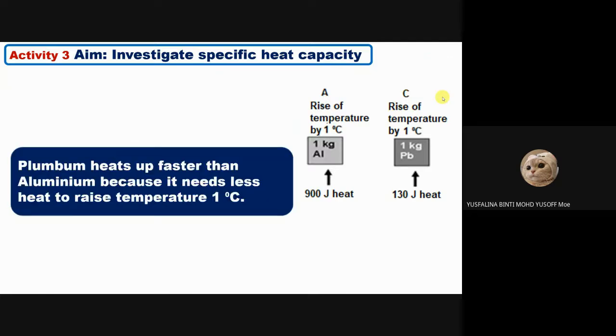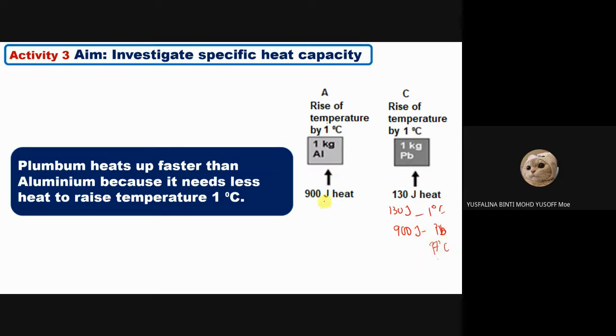So plumbum heats up faster than aluminium because it needs less heat to raise the temperature 1 degree Celsius. So let's see, if I give 900 joule to the plumbum, and plumbum only needs 130 joule to increase 1 degree Celsius, it will increase around 7 degrees Celsius, almost 7 degrees increase.